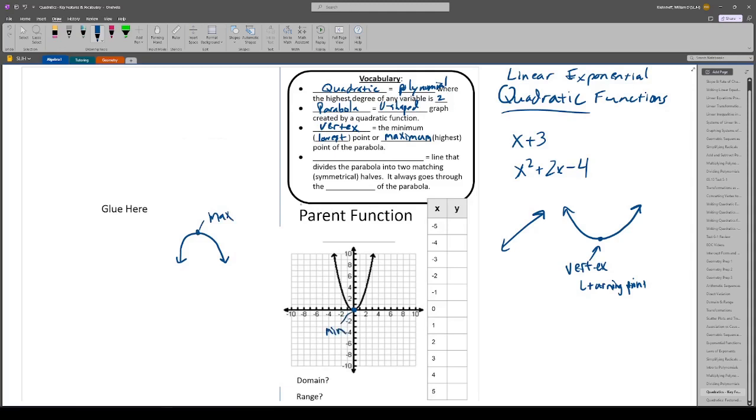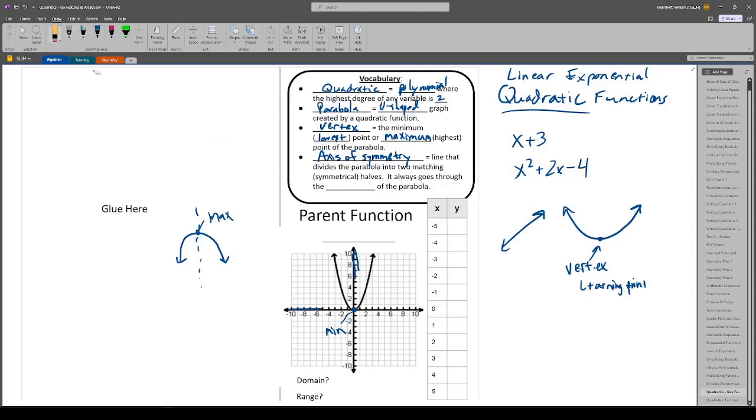Parabolas have left to right symmetry. They have a vertical line of symmetry right down the middle. A formal mathematical word for line of symmetry is axis of symmetry. An axis is just a fancy name for a line, like the x-axis is this line right here, and the y-axis is that line right there.